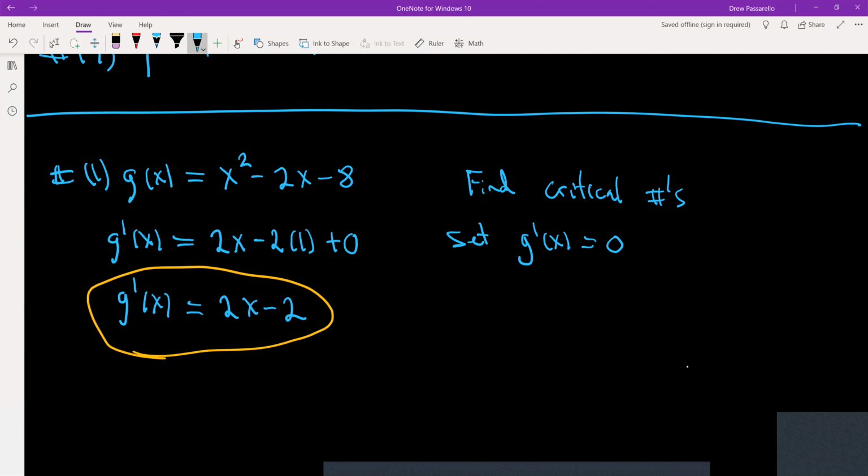Now, the third step is to determine the intervals and pick a test value for each interval. We base it off our critical number. We have an interval to the left of c, and an interval to the right of c.